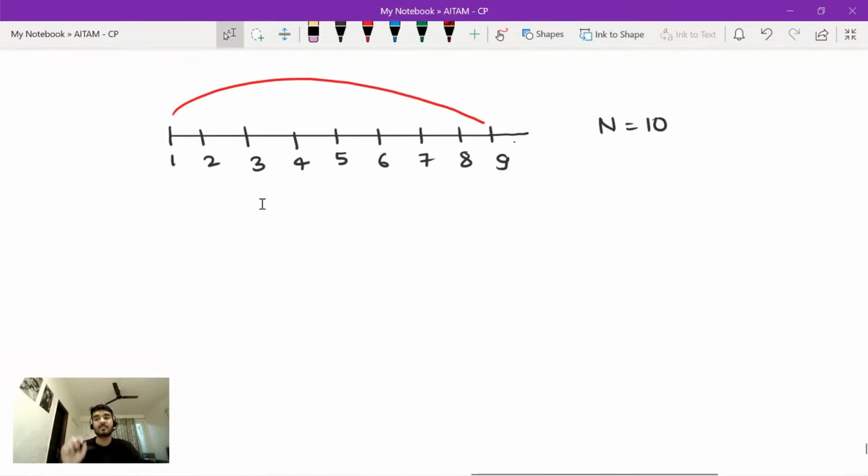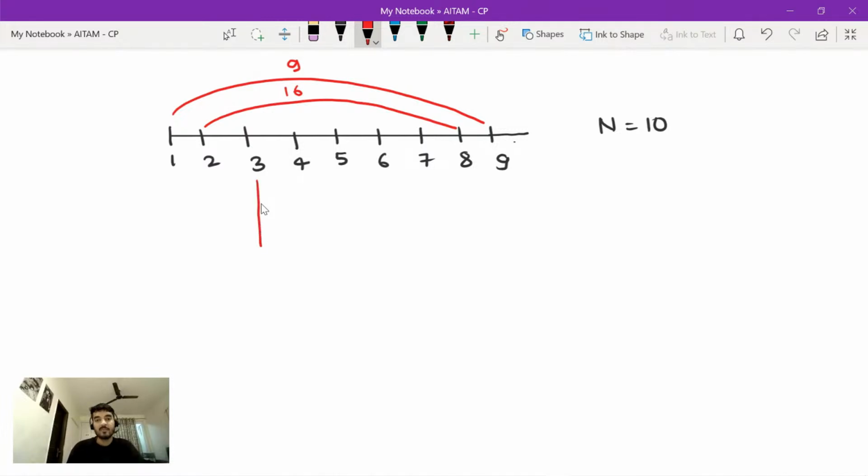If you break this graph of n nodes into 2 components 1 and 9, then their product is simply equal to 9. And what if I break this into 2 components of size 2 and 8? So in this case the product is 16. What if I break this into 2 components with the size 3 and 7?